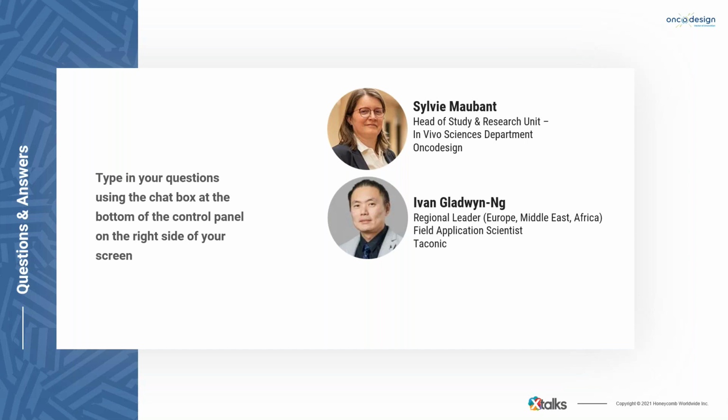For sure, it's important to track all details of the protocol when you do an FMT experiment, to understand what happened during your experiment, and also to be able to come back to these details in case you do not get the expected results regarding your FMT experiment, and especially a successful engraftment. So I don't know, Ivan, if you want to add some information.